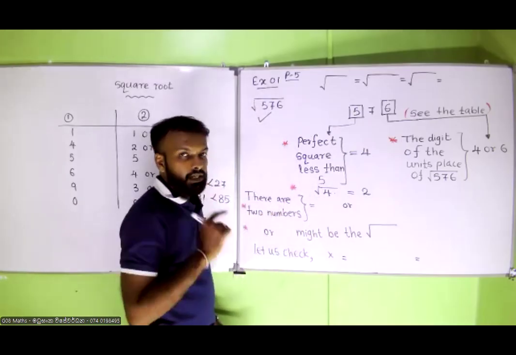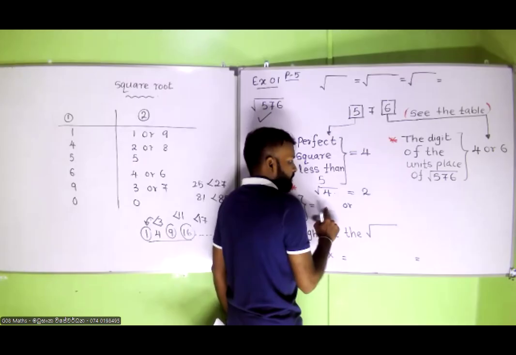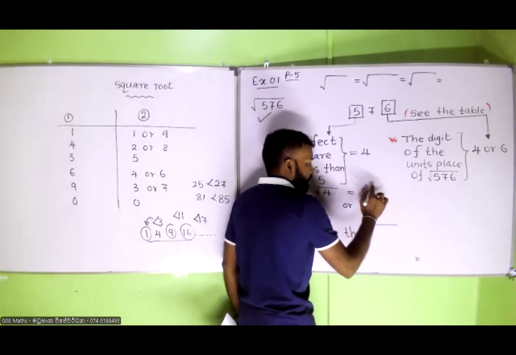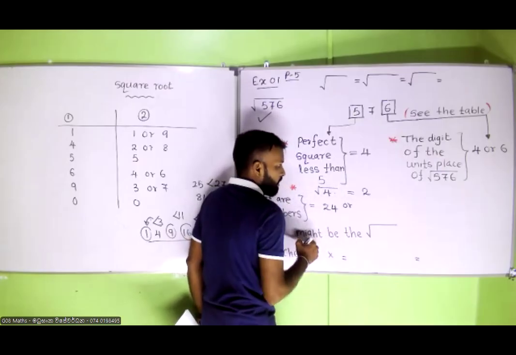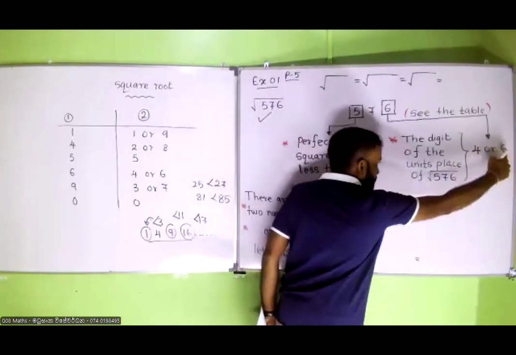Then you can decide the two numbers here. One number is 24. The other number is 26.